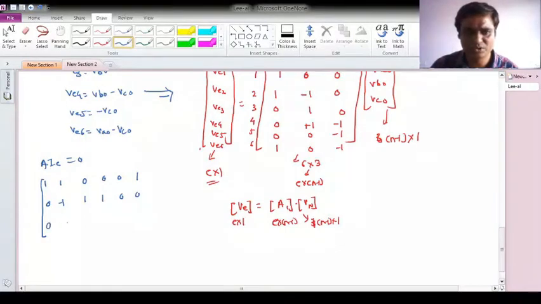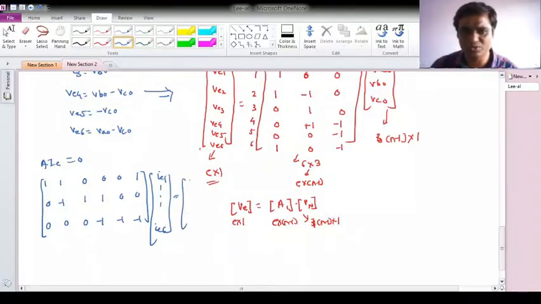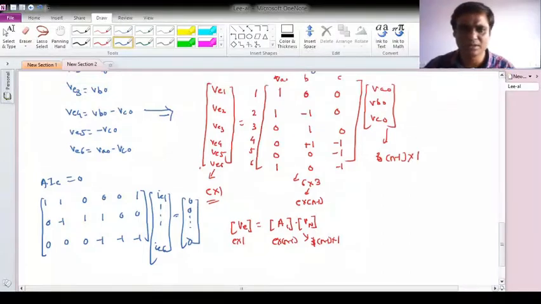Then third one was 0, 0, 0, minus 1, minus 1, minus 1, and it was multiplying with the column I1 to I6, which was equal to 0, 0, 0.